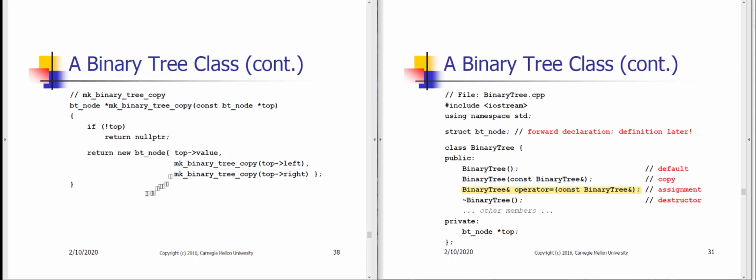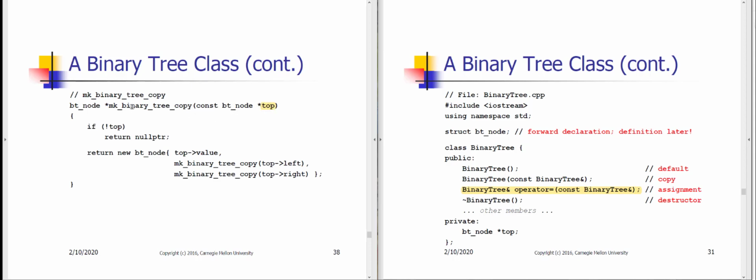And here it is. It's relatively straightforward, at least so long as you have a good handle on recursion. So we get passed in the header node for an existing tree. That comes in as a pointer to a BT node const.